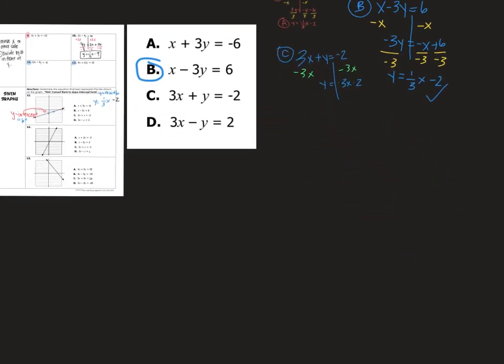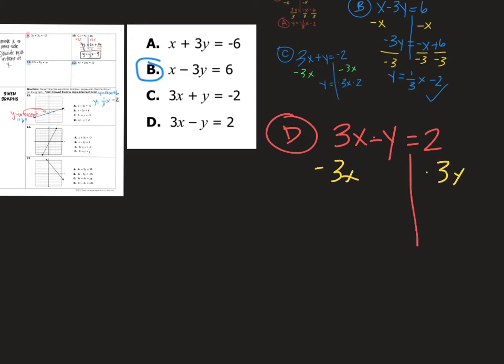Next is D, and D is 3x minus y equals 2. So I would subtract 3x from both sides. I'm left with -y equals -3x plus 2.